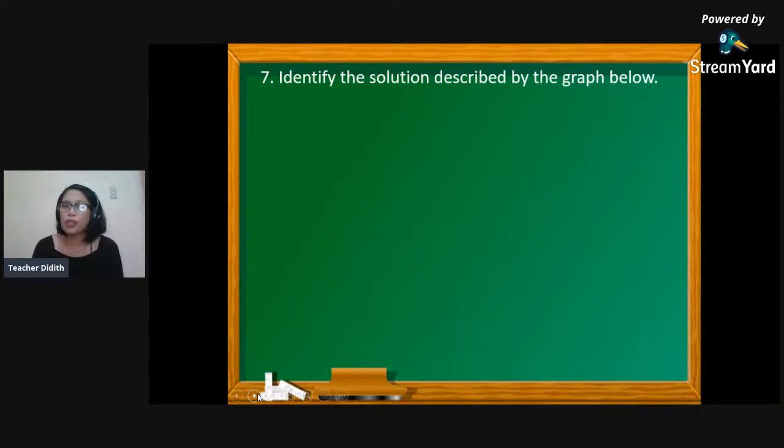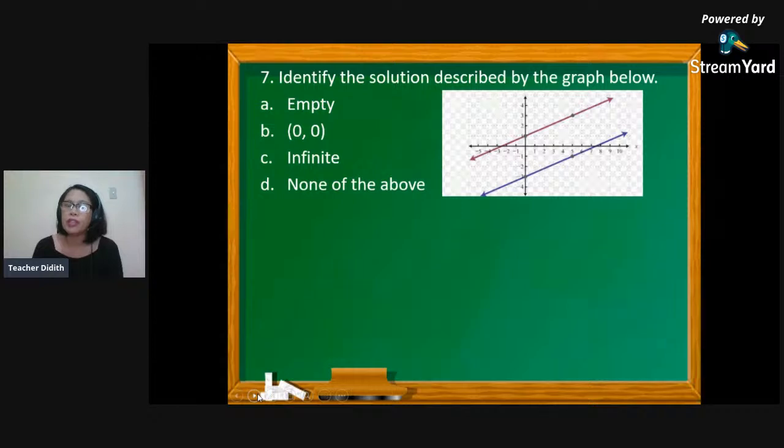Identify the solution described by the graph below. Empty, zero, zero, infinite, none of the above. And this is the graph. Can you place your answer for number 7 now? By just merely looking at the graph, can you decide as to which is the solution? Good.